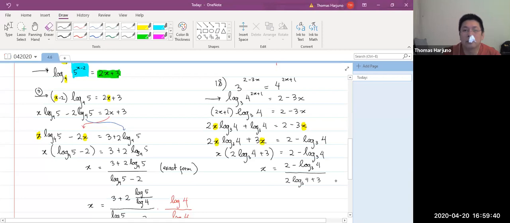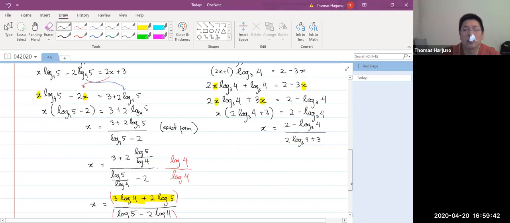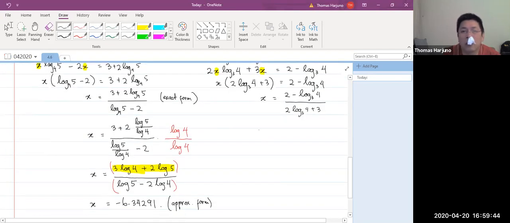Now let me rewrite that with change of base. This is 2 minus log 4 over log 3, over 2 times log 4 over log 3, plus 3.